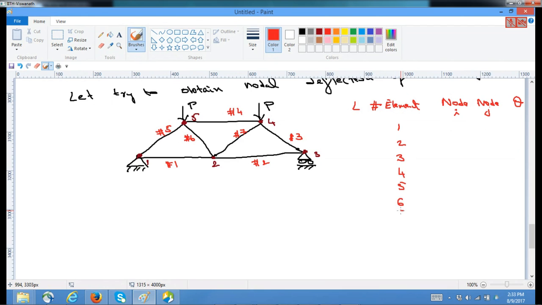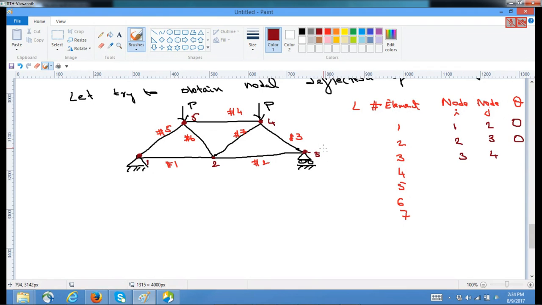For the first element, the nodes are node 1, node 2, and the angle it makes with respect to horizontal is 0 degrees. Next is the second element. It has node 2, node 3, and its theta is 0. Next is element 3, which has nodes 3 and 4.